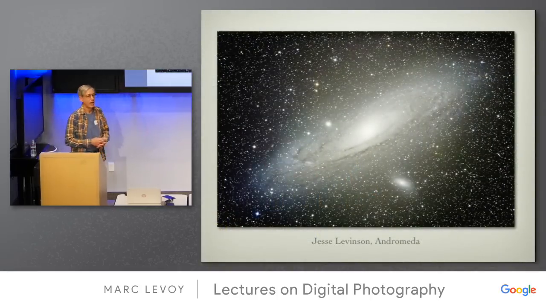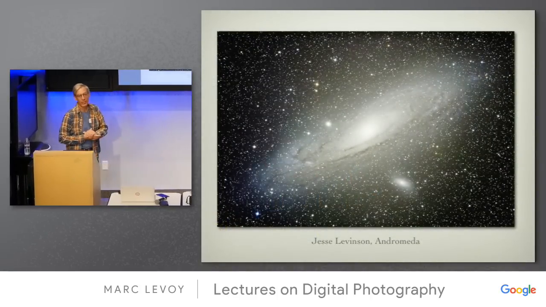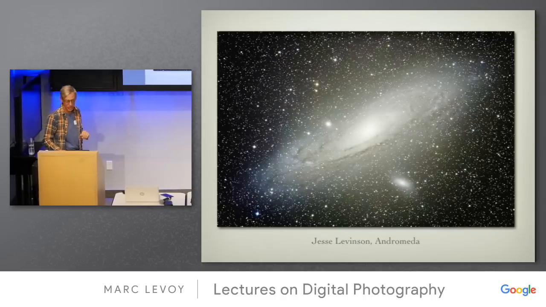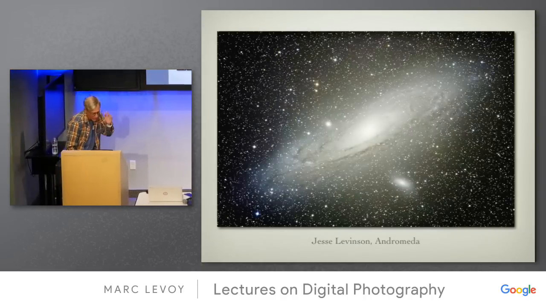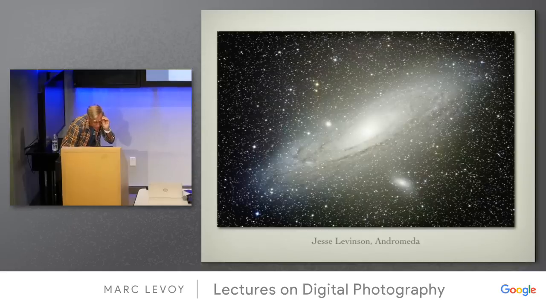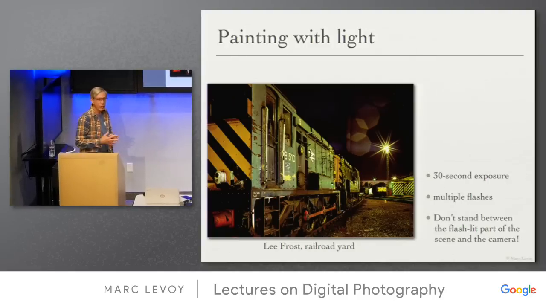And so we'll have a lecture on astrophotography. Jesse Levinson will come in, as I said earlier, and he took this beautiful picture. And he's going to be mad at me for scooping him by showing that picture. It's 50 exposures of 3 minutes each, averaged together with a motorized camera mount. Gorgeous picture of Andromeda.